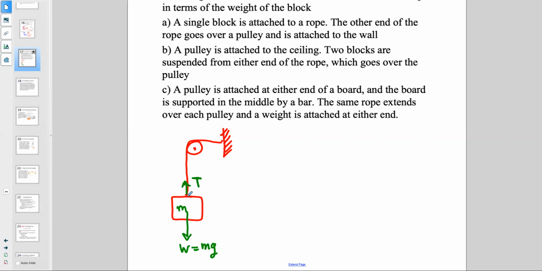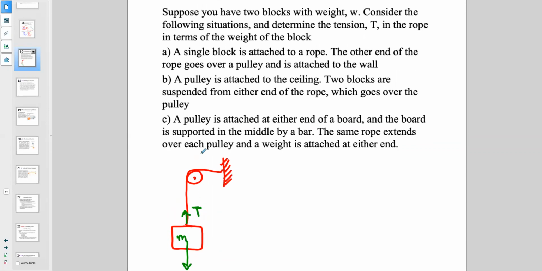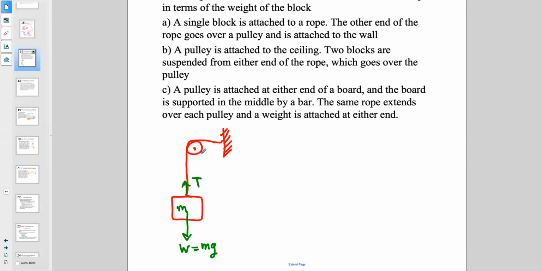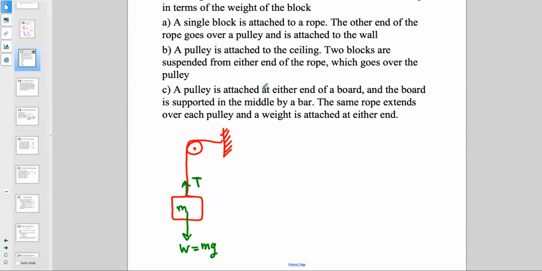So what we're looking for in this part is the tension T in the rope in terms of the weight. So now what you can see here is that you have a block, which is here.